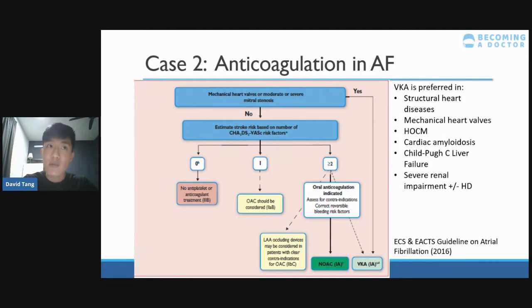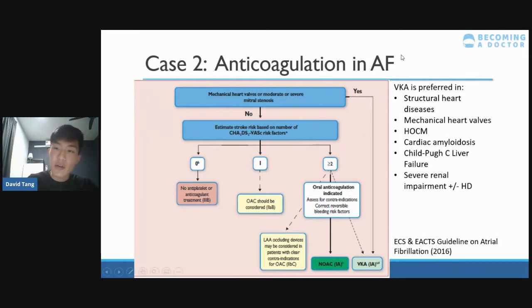Reason being that rivaroxaban and apixaban trump our traditional warfarin is that one, it doesn't require INR monitoring, and secondly, it doesn't require any dietary changes. Rivaroxaban is once daily dosing, and if you remember pharmacology, the reason that you only need to dose the patient once a day is because it has a longer half-life. As a result, for patients with renal failure, we tend to like the twice daily dosing of apixaban instead.